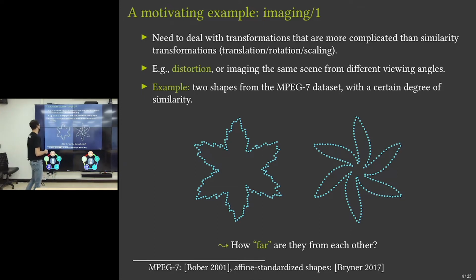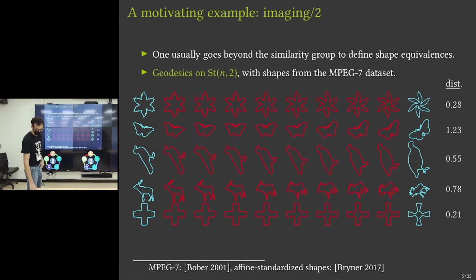So it might be a natural question to ask how far they are from each other. If we can attach a mathematical structure to these shapes, then we can measure how far they are from each other in a certain sense.